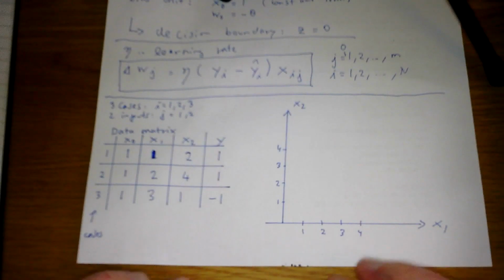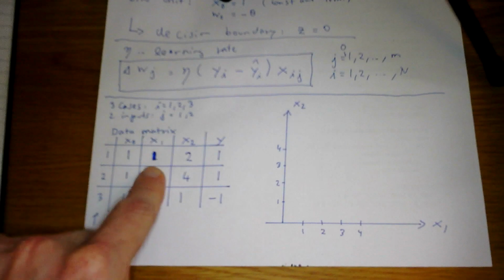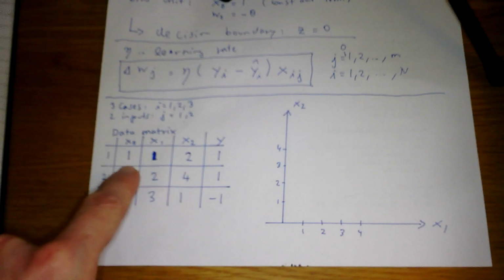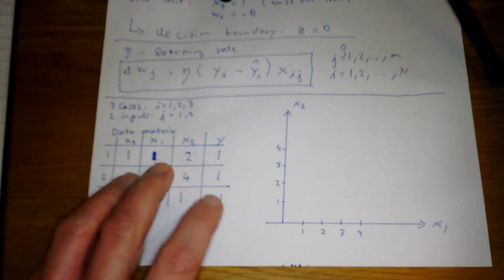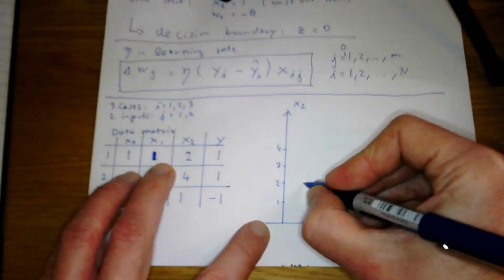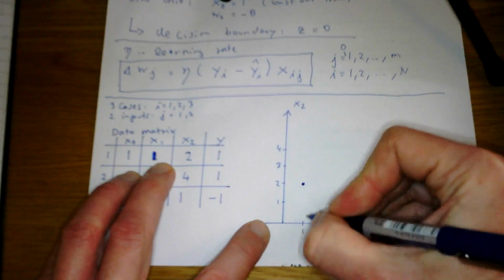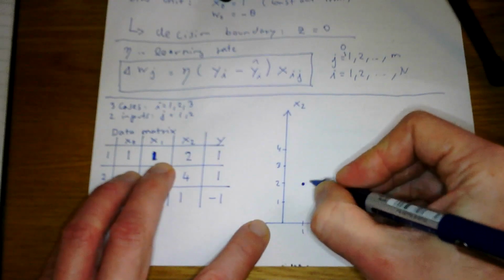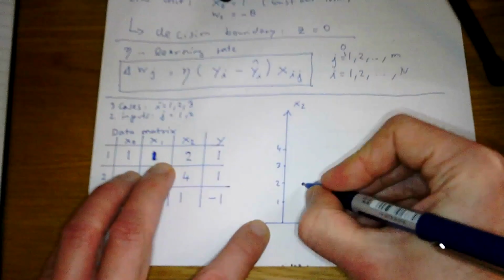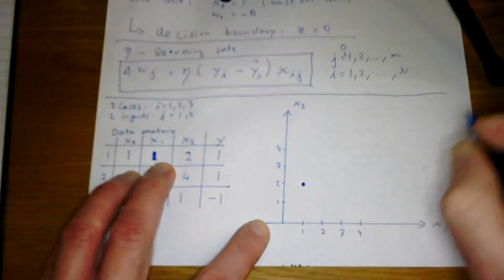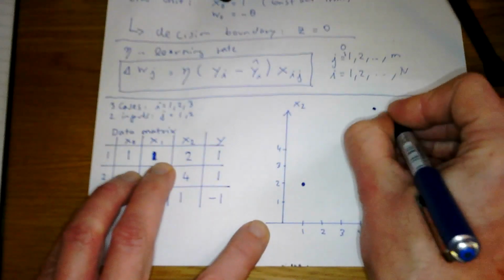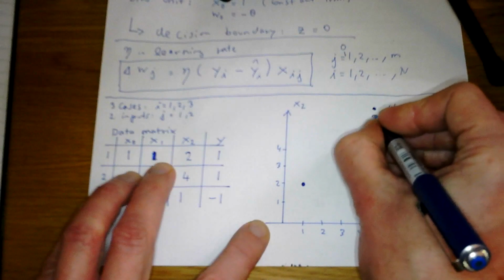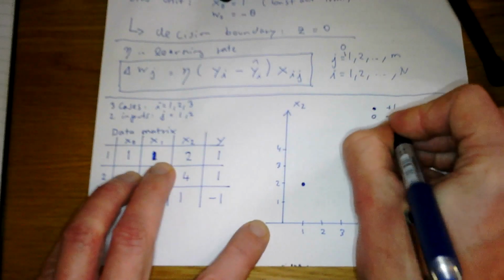The first case, we have here a 1 and a 2. You can ignore the constant term, that does not matter because that's just our adjustment, our base unit. So we are up here, and that is a +1. I use the notation solid dot is +1 and empty dot is -1.